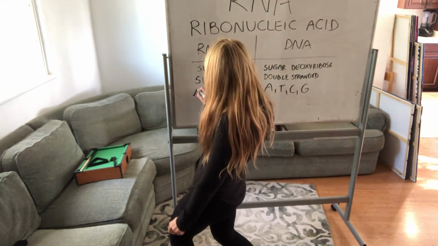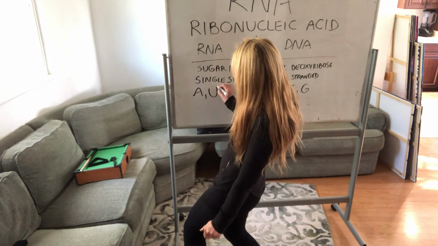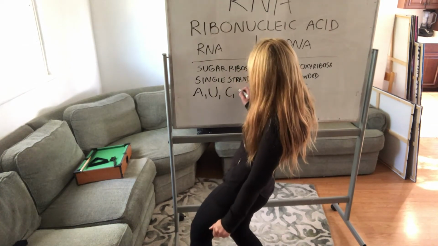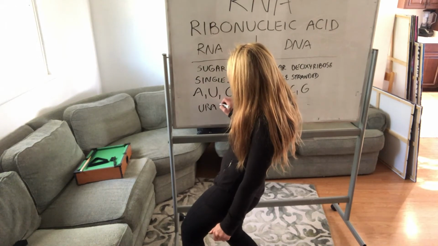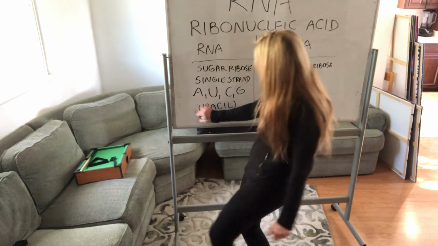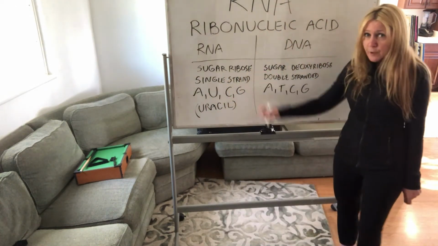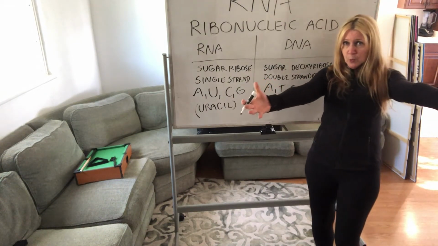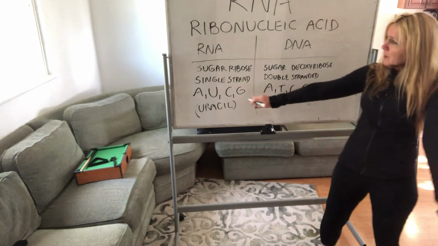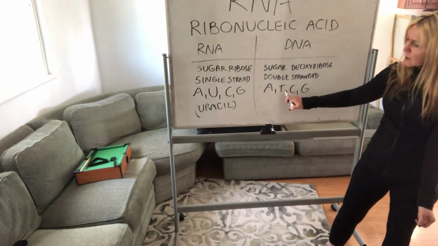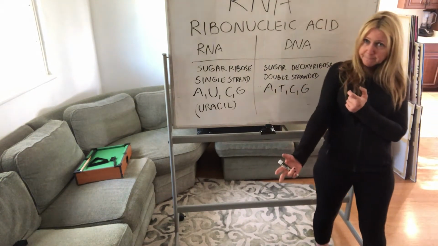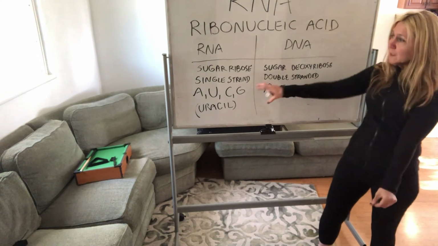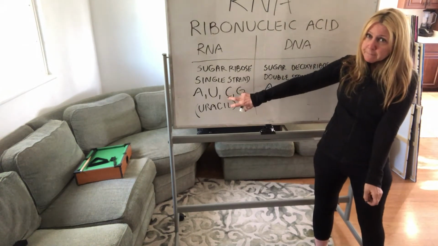So it has A, uracil, cytosine, and guanine. So the U is different. RNA, U. Okay? RNA has a uracil instead of a thymine. So when we're matching up the DNA to the RNA, there will not be a T for the RNA.